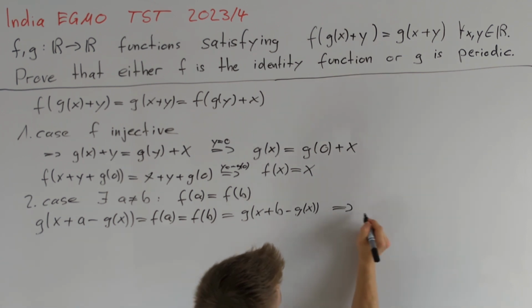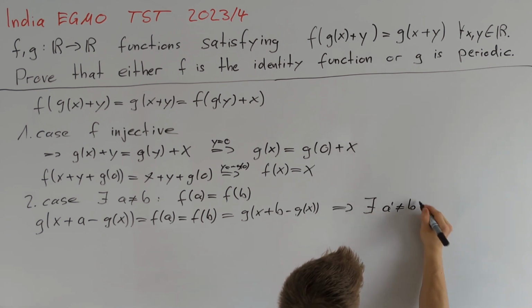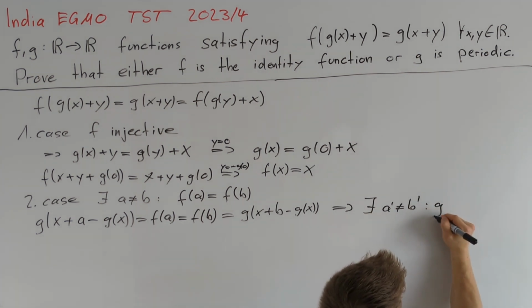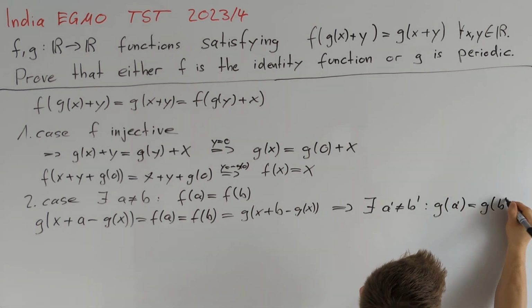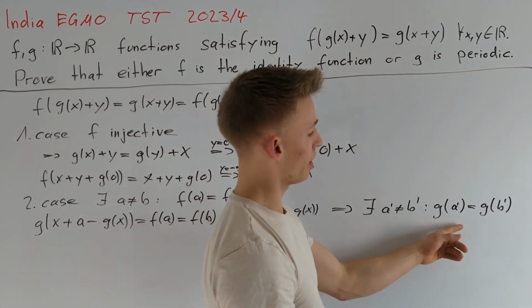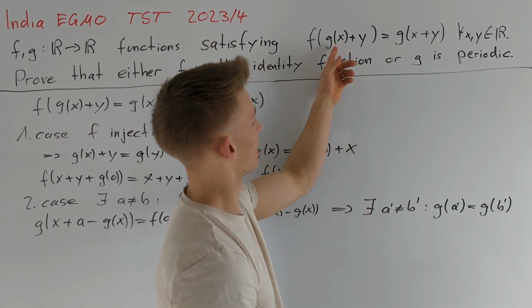So we know that we find some a prime which is not equal to some b prime, such that g of a prime is equal to g of b prime. This implies that we can plug in a prime or b prime into our functional equation, and the left hand side stays the same.